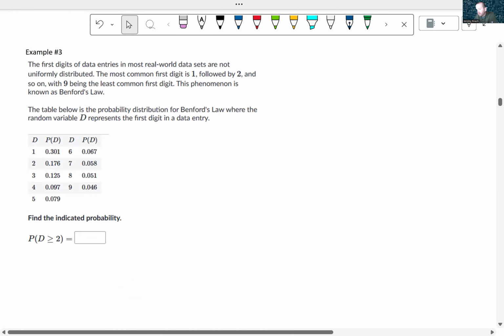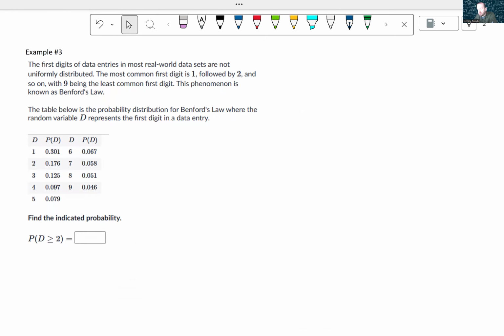So this is based on a real world phenomenon called Benford's law, which tells us that the first digits of data entries in most real world data sets are not uniformly distributed. The most common first digit that shows up in any data set is 1, followed by 2, and so on, with 9 being the least common digit to show up first on a list of numbers.